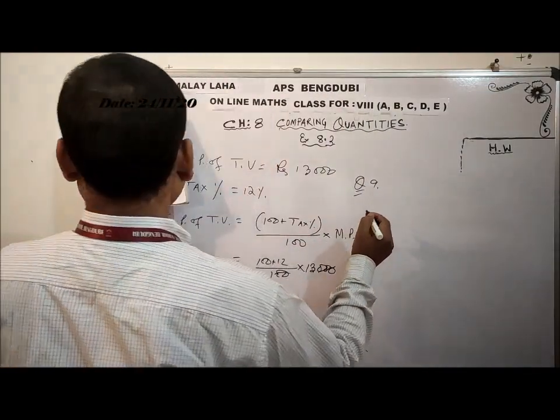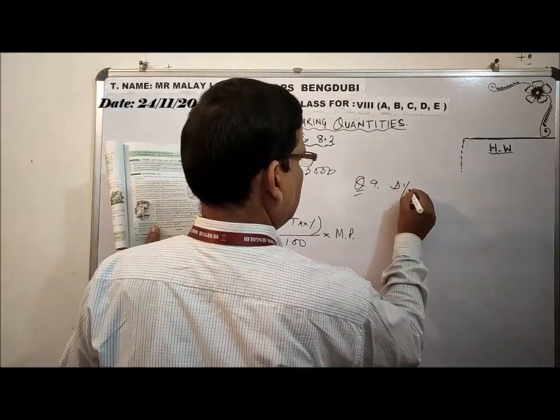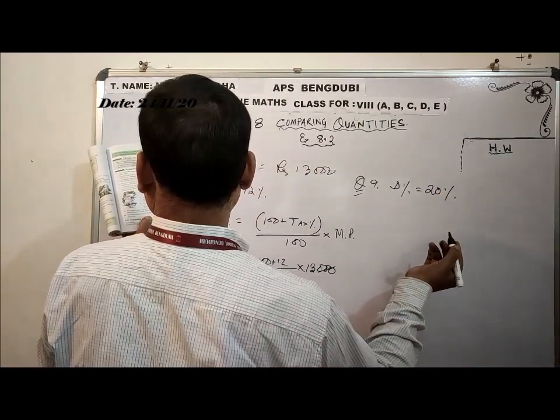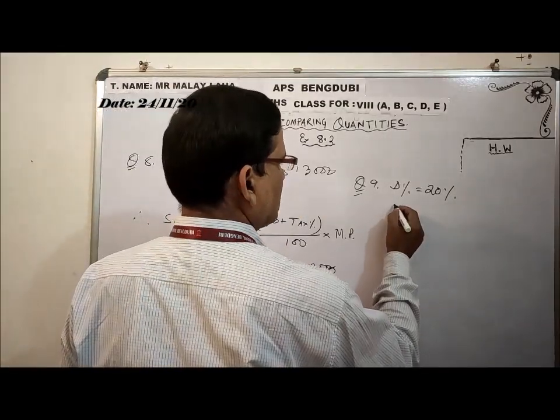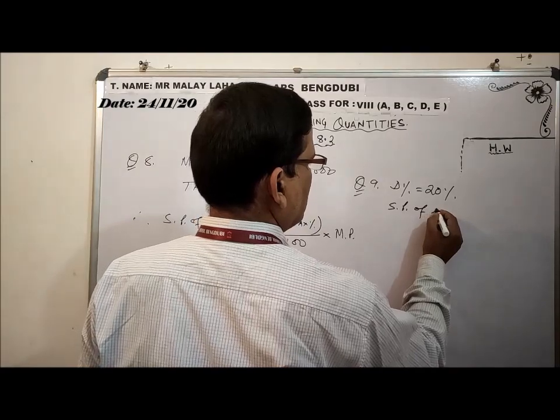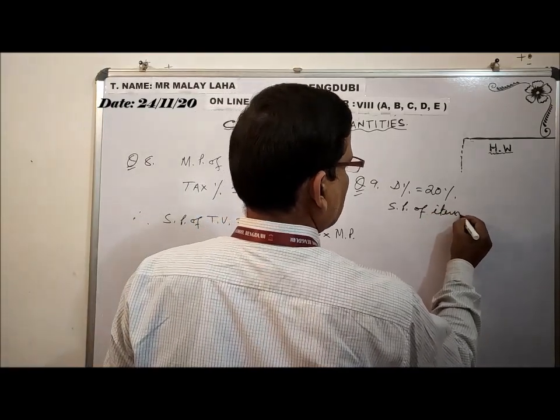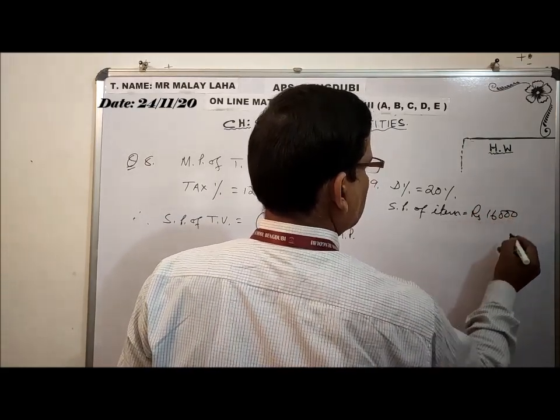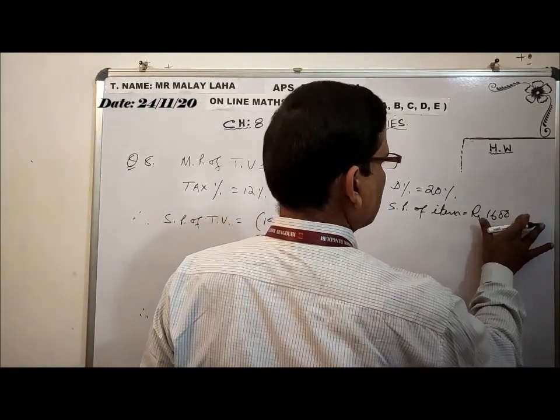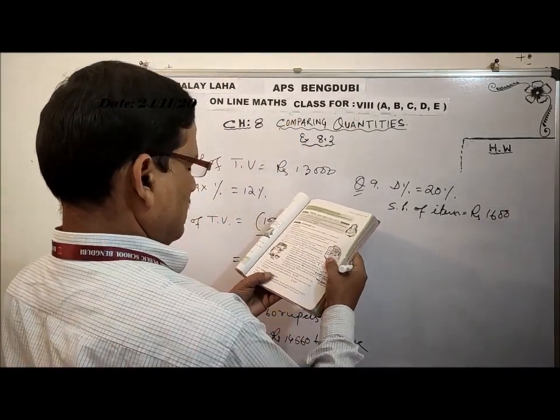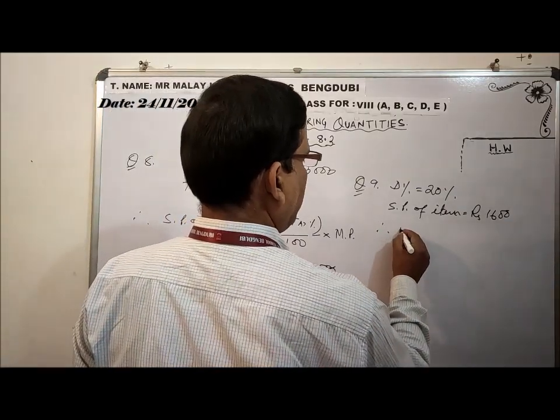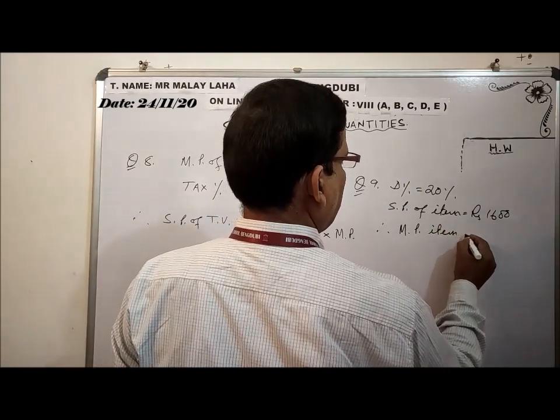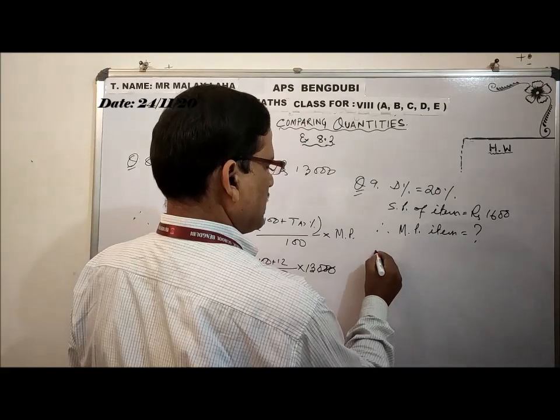Now here we write down the data. Discount percentage is equal to 20%, and the customer pays the selling price, the SP of the item, rupees 1600. Therefore, MP of the item, that is the skate item, question mark. So now apply the formula.